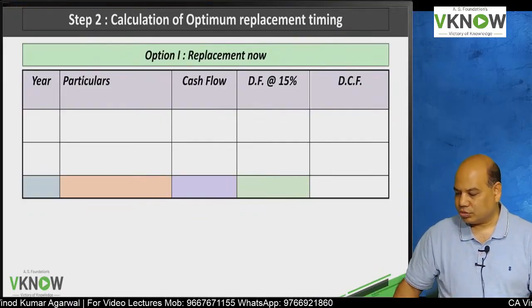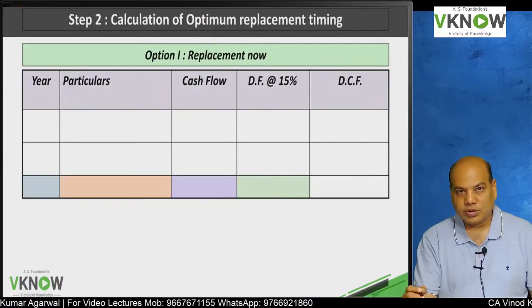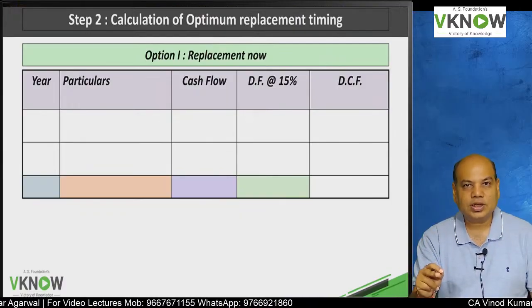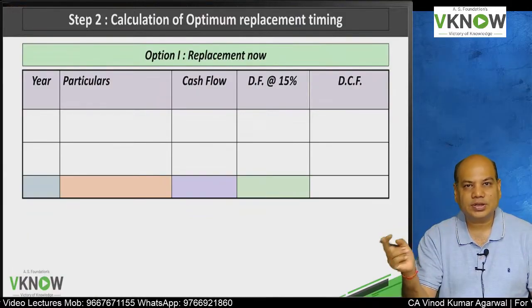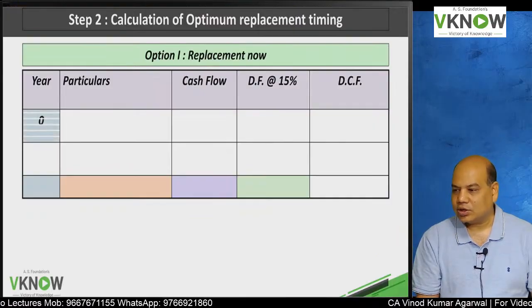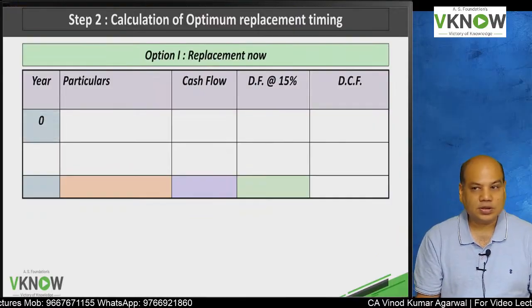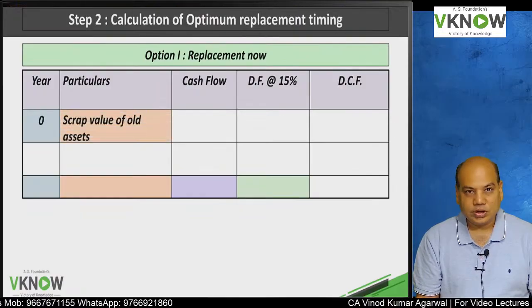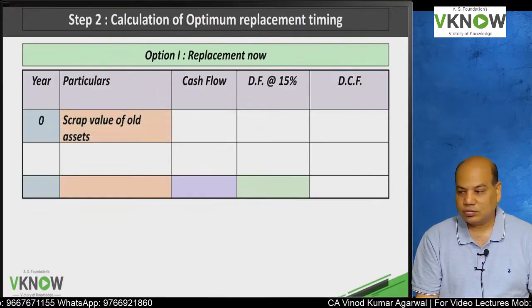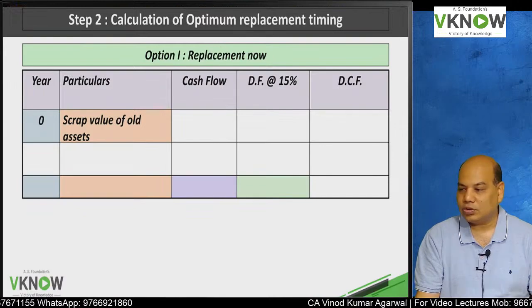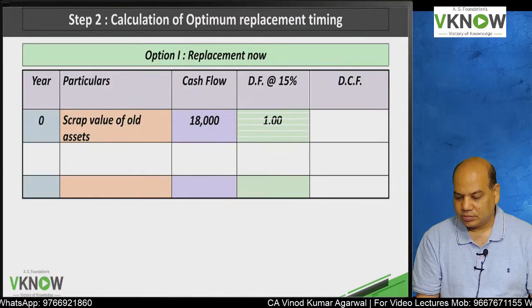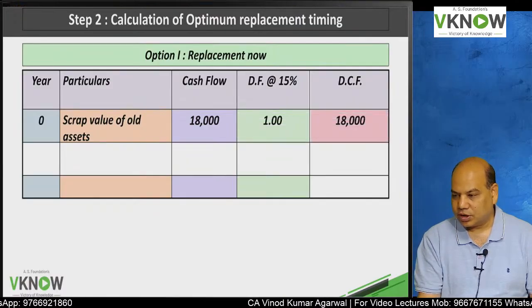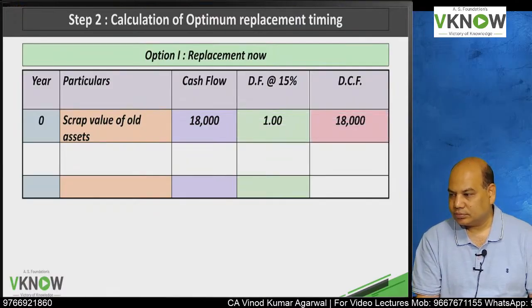So visualize, you have an old machine which you are going to sell today and purchase a new machine, and on the new machine the annual cost per annum is 16,000. You are going to sell the old machine in year 0. Year 0, scrap value of old asset, which is given 18,000. It is a positive cash flow.